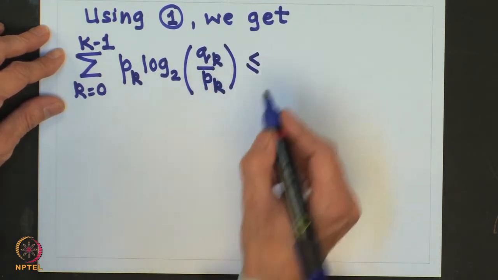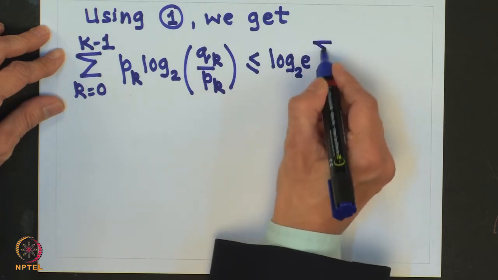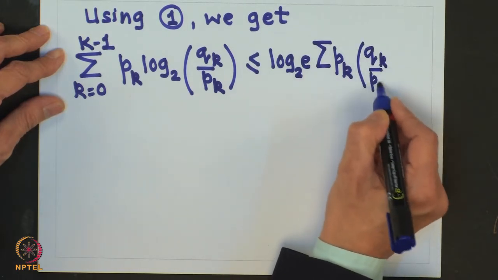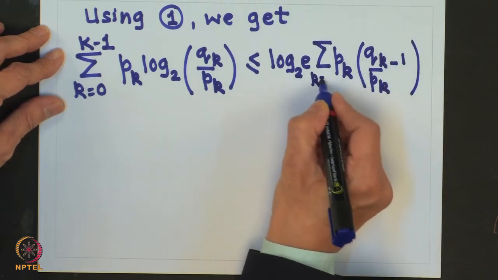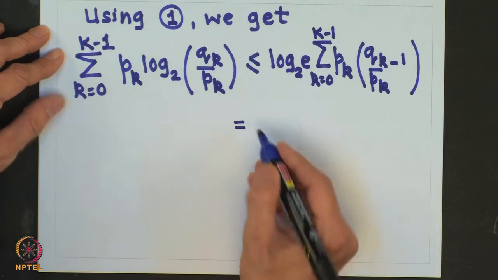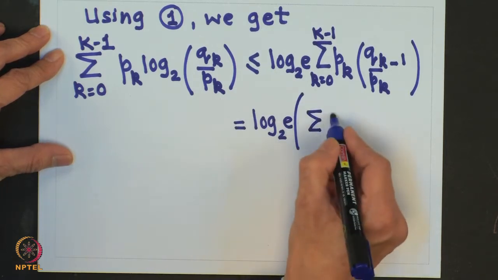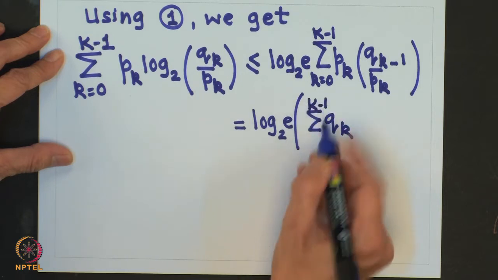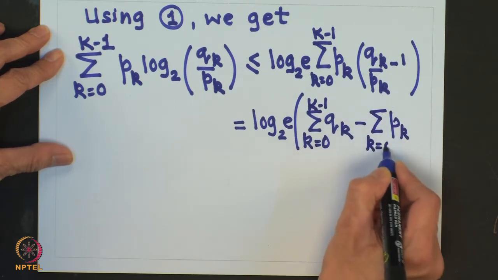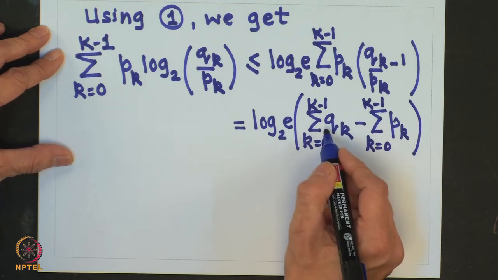This is less than or equal to, using 1, I can write it as... And remember, these are the probability distributions, qk's and pk's.